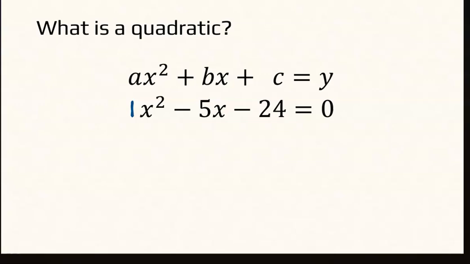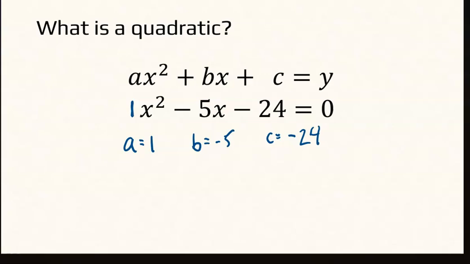What that means, if we line this up, is a equals 1, b equals -5, c equals -24. A and b are the coefficients in front of x. C, or -24, is the constant.